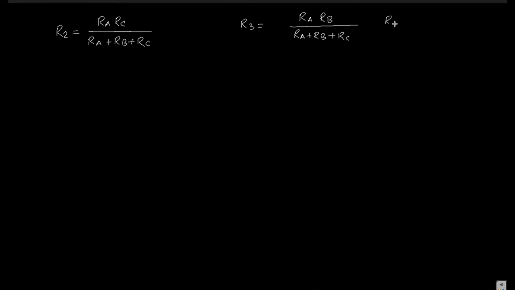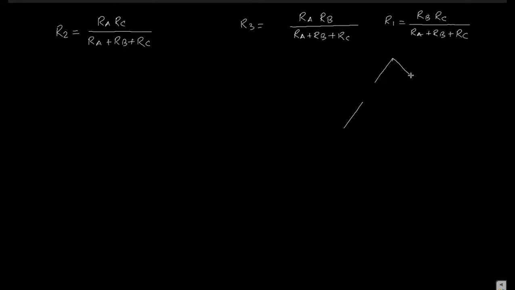I also write R1 because I need this: RB RC divided by RA plus RB plus RC. Okay, so this is how you keep it in your mind. This is the easiest process when you apply the star delta transformation in the circuit.